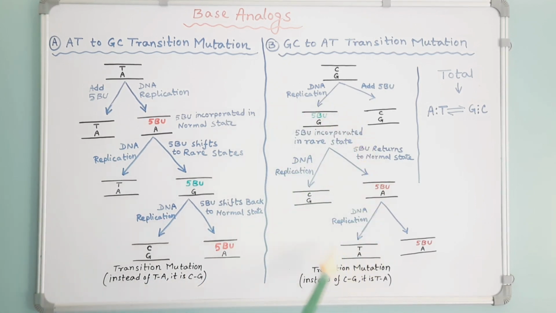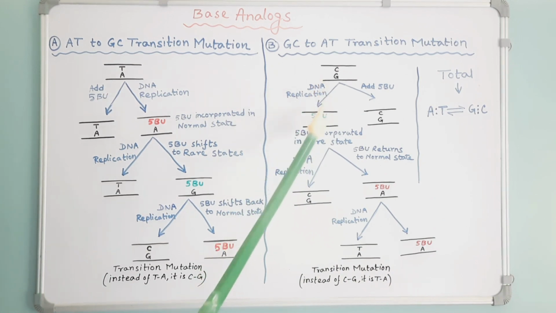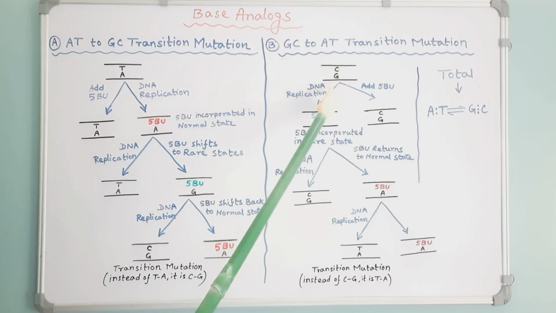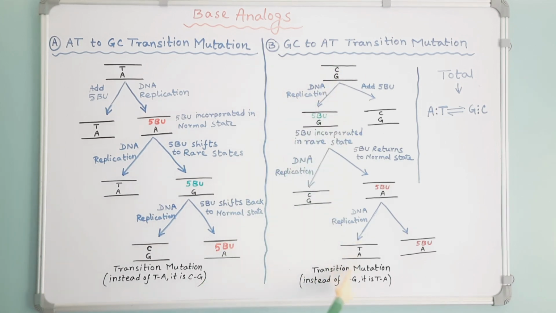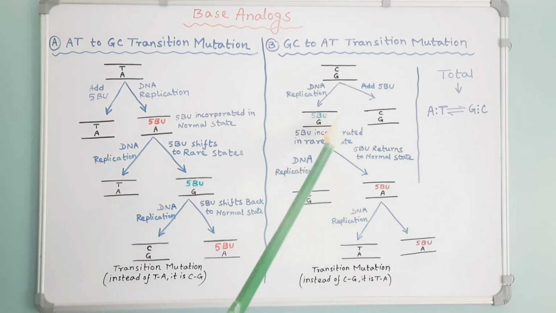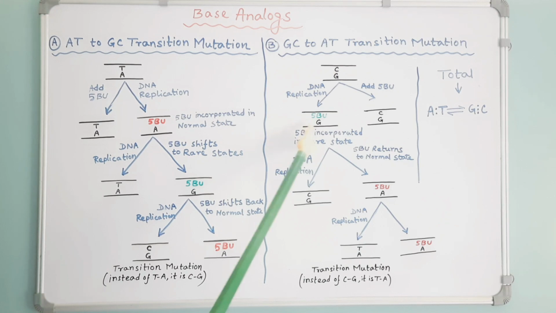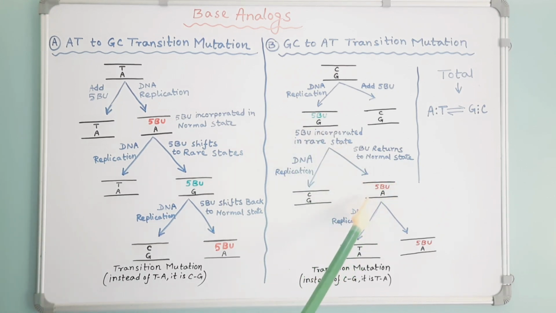Now, see this diagram. 5-bromouracil can also induce a cytosine guanine to thymine adenine transition mutation if it is first incorporated into DNA in its rare state and then switches to the normal state during replication.